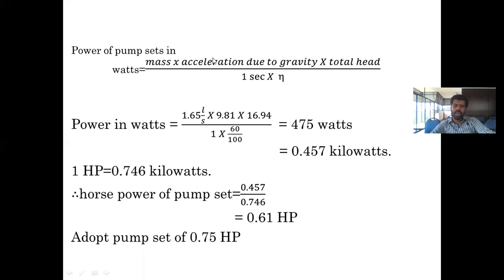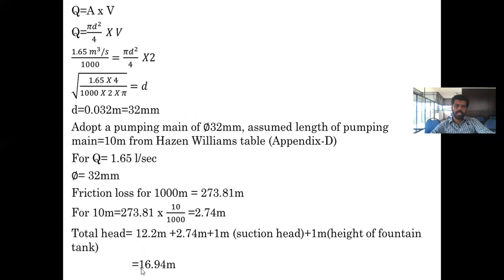It is mass into acceleration due to gravity into total head divided by 1 second into efficiency. So power in watts is equal to 1.65 liter per second, correct? 1.65 liter per second into 9.81, the acceleration due to gravity, into total head. How much is total head? We got 16.94.